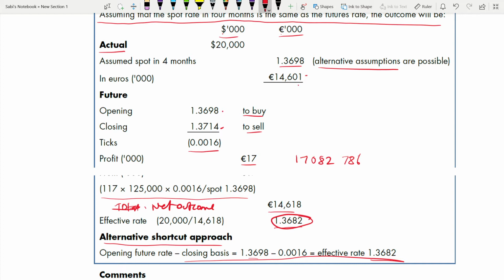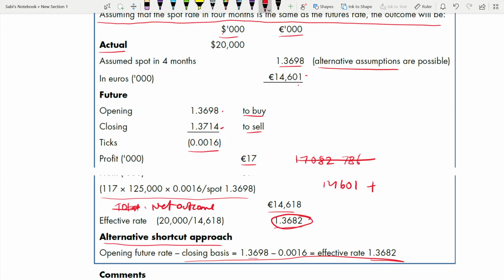I'm sorry, 17,000. Okay. Sorry, there is some mistake. This is in thousands, right? So this, it will be 14,601 in thousands. I'm cutting off the 3,000s plus 17,000.